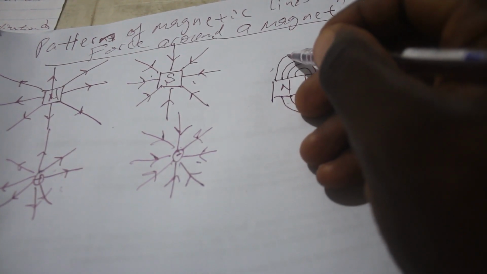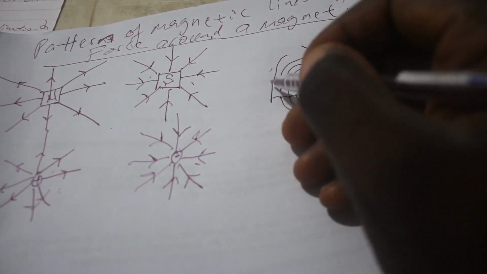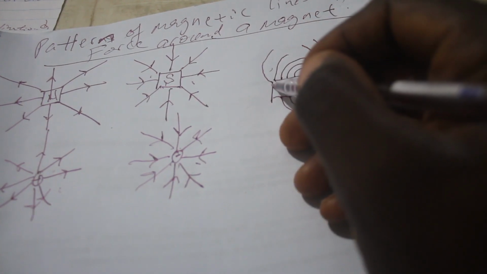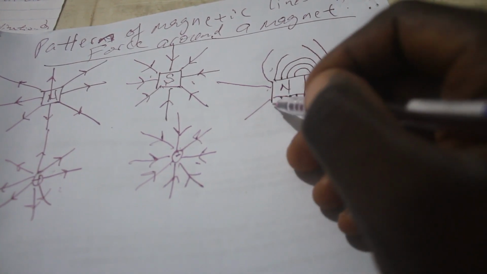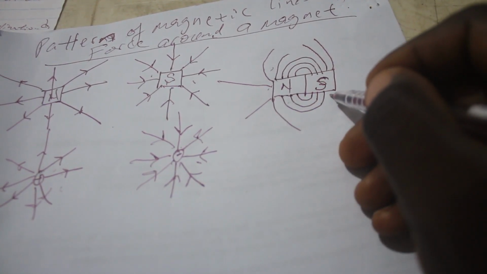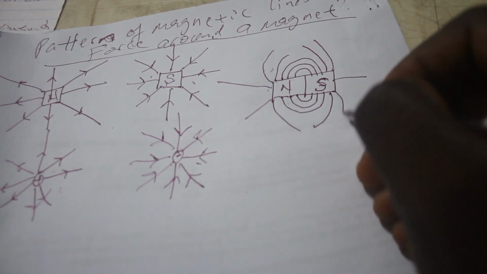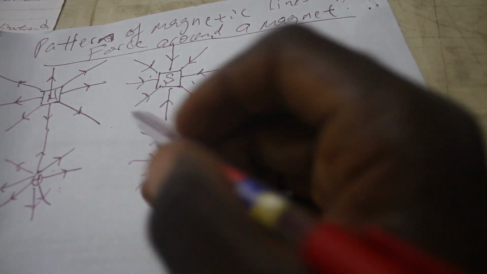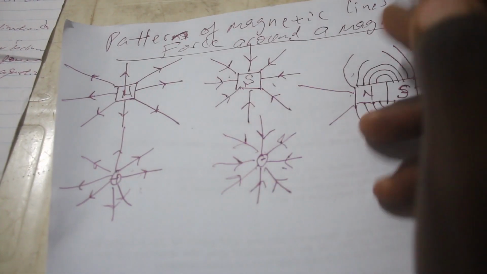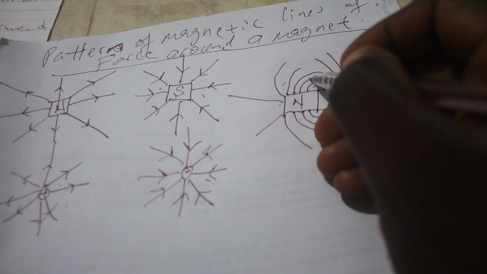Of course, this one goes like this. You see, now the lines of force from the North Pole go out, while the lines of force from the South Pole come inside. And that means this one is going to be drawn in this way.